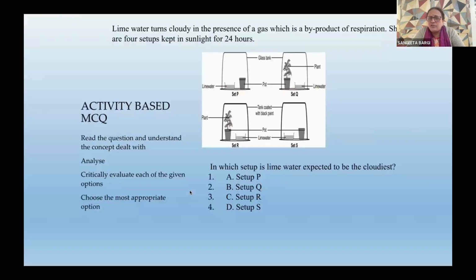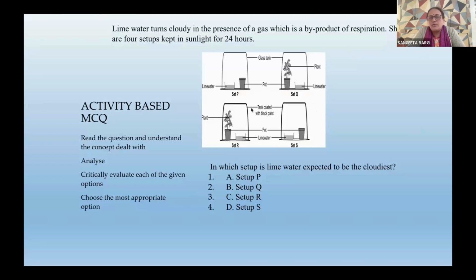So I have come up with a few examples just to make you understand, as CBSE is focusing more on competency based questions now rather than asking direct questions. A fraction of the questions will be competency based or activity based.